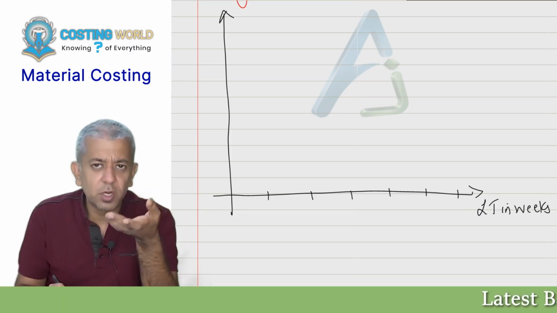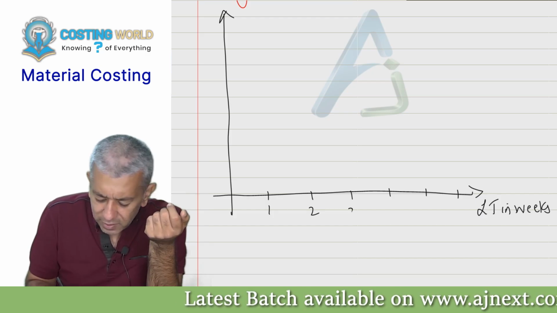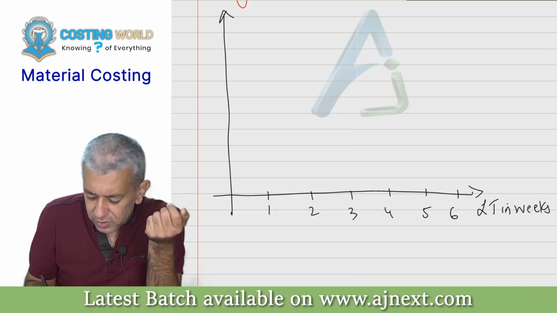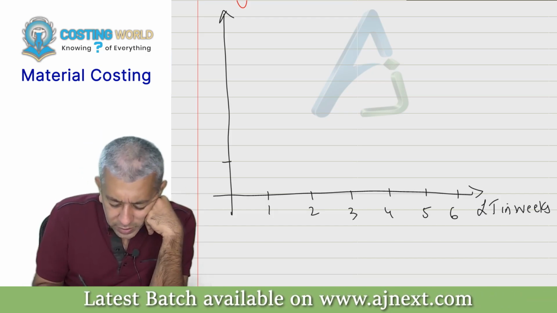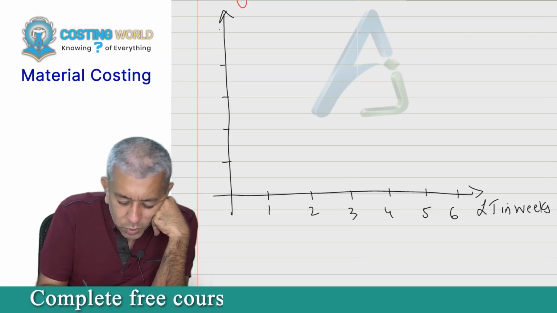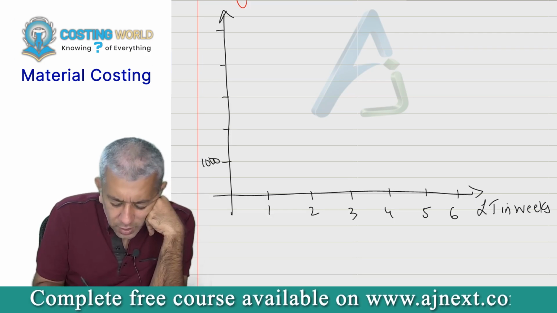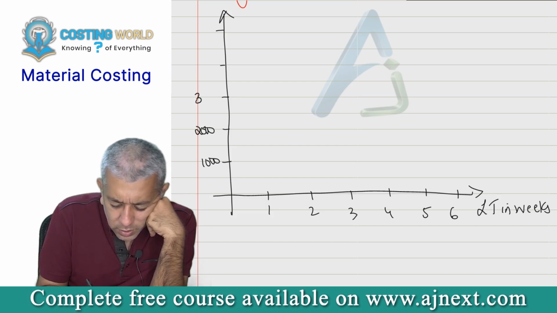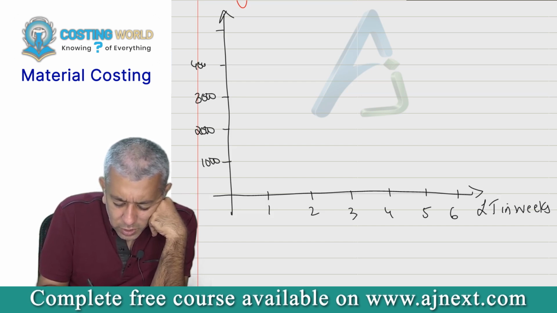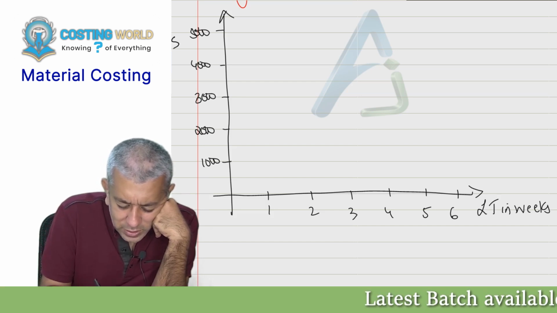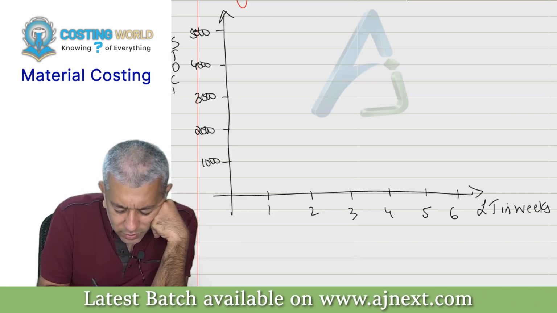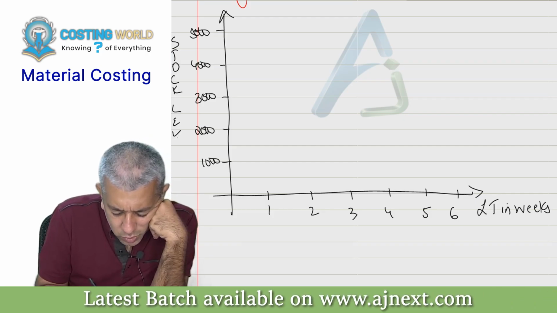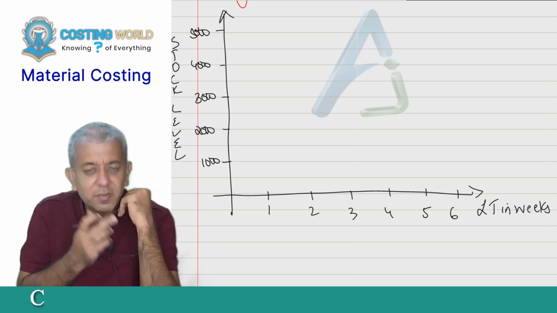More than 6 is not required because that's the maximum lead time that I gave you. On the y-axis: 1000, 2000, 3000, 4000, 5000. This is nothing but the stock level. Stock level is in units.